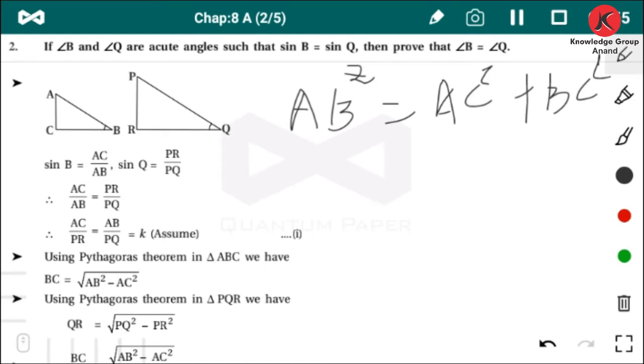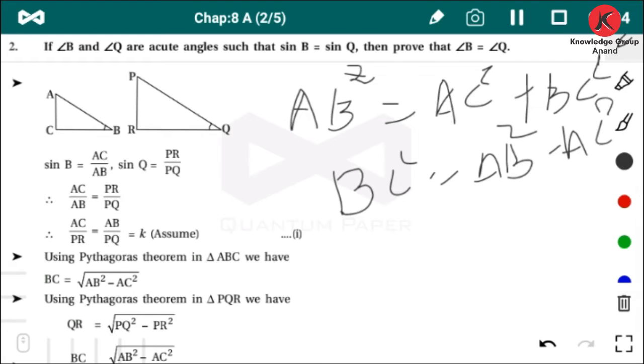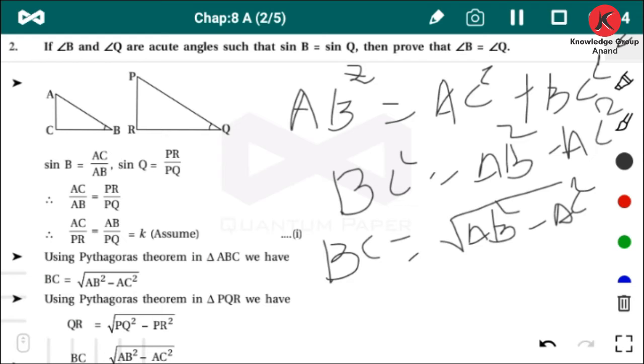Therefore, BC square is equal to AB square minus AC square. Therefore, BC is equal to the square root of AB square minus AC square.